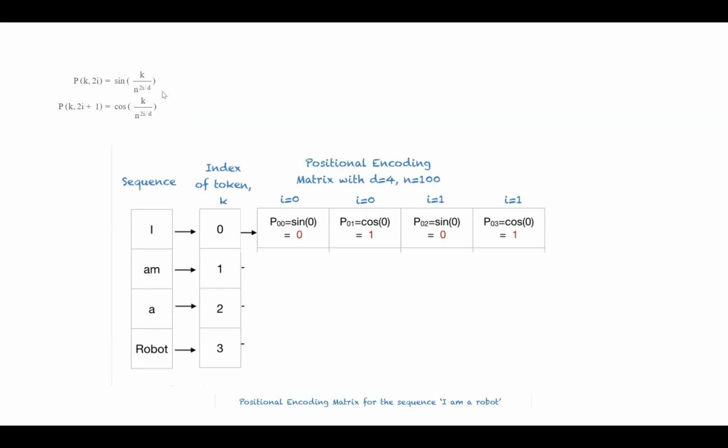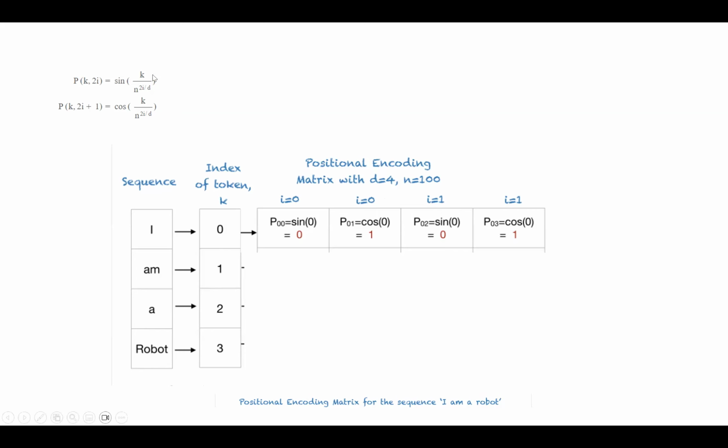Okay, when k is equal to 1, then we will take the value of i as 0 for the first pair, and then we'll take the value of i as 1 for the second pair, and d in our case is 4.